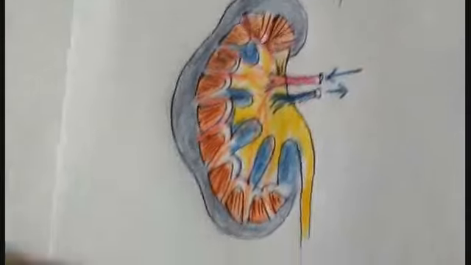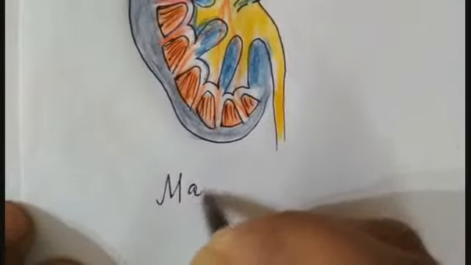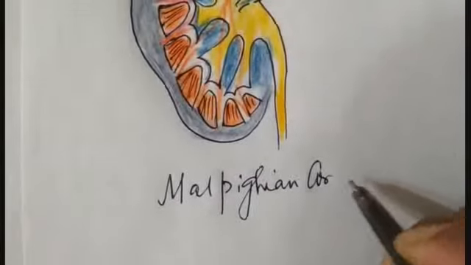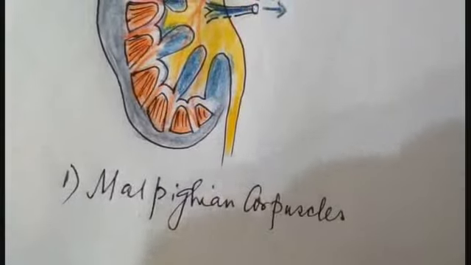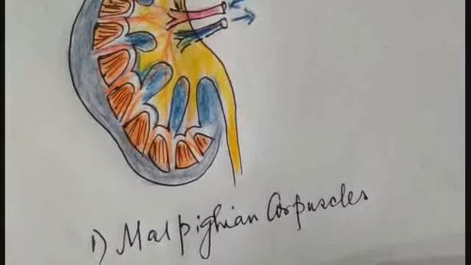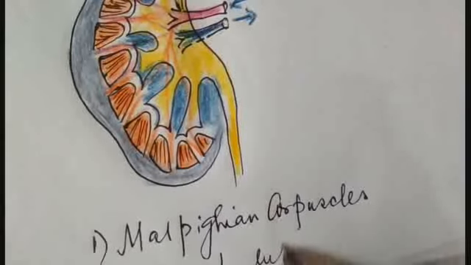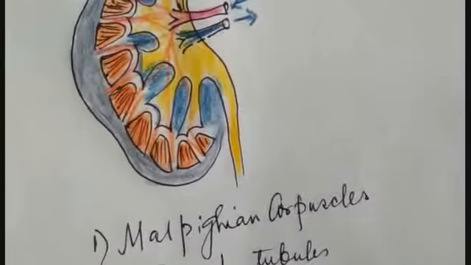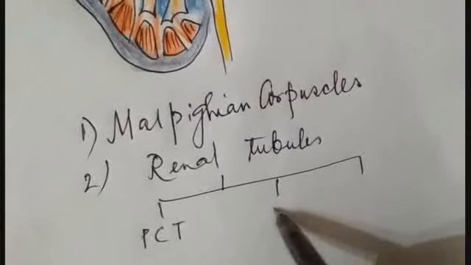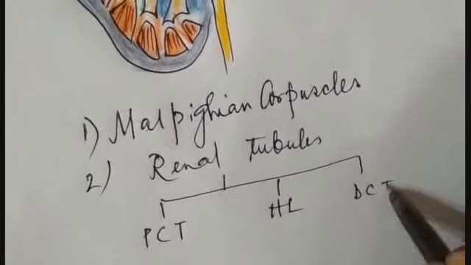One is the Malpighian corpuscle, and number two is the renal tubule. The renal tubule has three prominent parts: PCT, Henle's loop, and DCT.